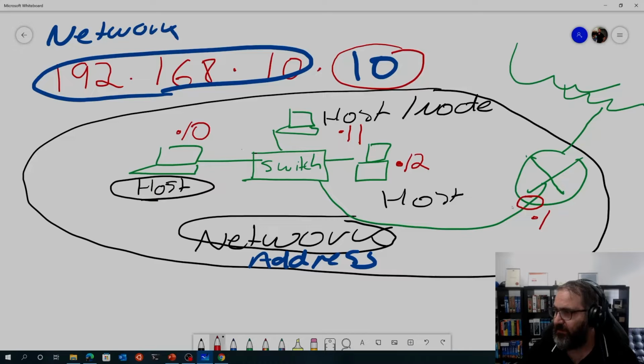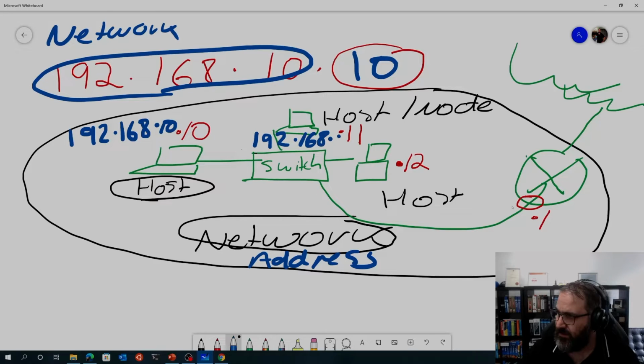So we've got the host addresses. That's nice. But how do the computers see themselves? Like this. And I'm mixing the colors around because apparently color coding things is very beneficial for memory retention. .10 and then .11 and 192.168.10.12.